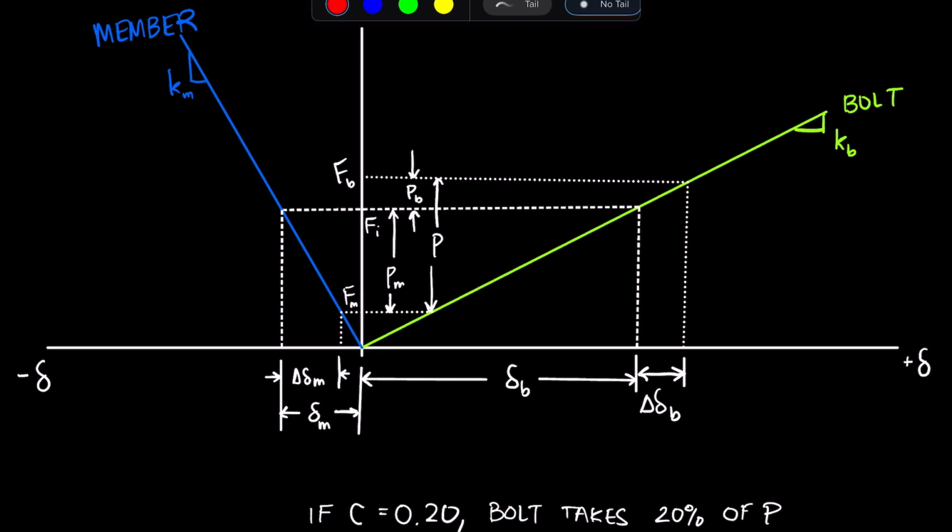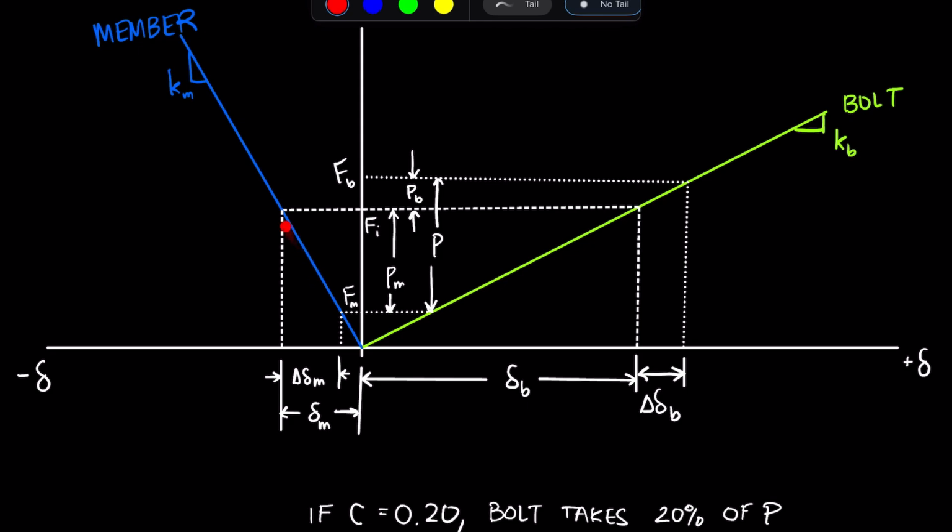This is very important, particularly when fatigue loading is present. When we have fatigue loading, our amplitude, which originally was equal to P, is now equal to 20% of P for the bolt. And so this shows you the real strength and versatility of bolted joints, as long as we ensure that our preload is high enough so that the members stay clamped together even when we're applying external loads.